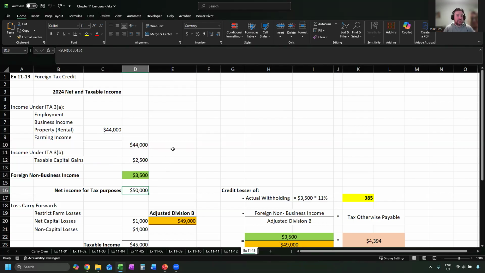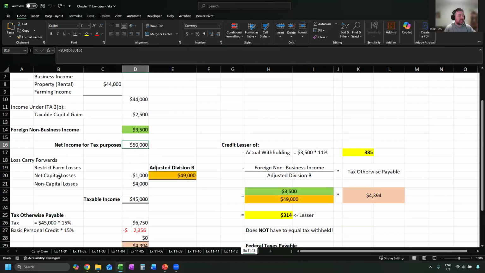From our net income, we can subtract our capital-based losses, which was $1,000 that we're carrying forward. So our taxable capital gains of $2,500, we're applying our $1,000 carry forward. So our adjusted Division B is $49,000, our net income minus the claimed net capital losses. Non-capital losses of $4,000 means our taxable income is $45,000.